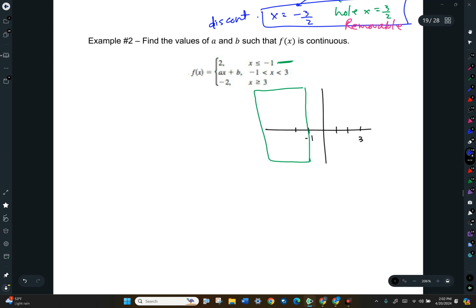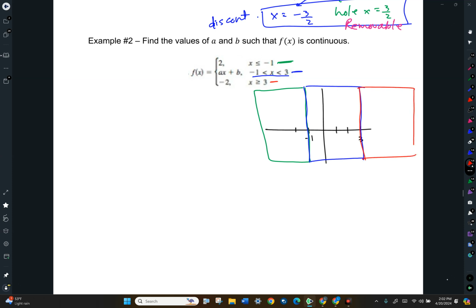And then the second piece, whatever that graph looks like, exists between negative 1 and 3. So whatever that graph looks like, I don't know, but it's in that section. And then the third piece exists on the other side of 3, so from here on out. So there are 3 pieces to this graph.